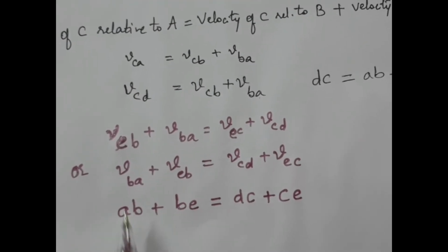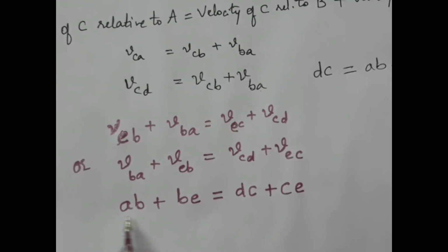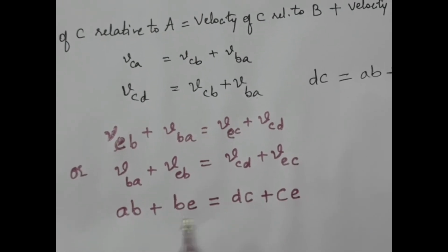There's no change. And on the velocity diagram, it will be vector AB plus vector BE, which should be equal to vector DC plus vector CE.